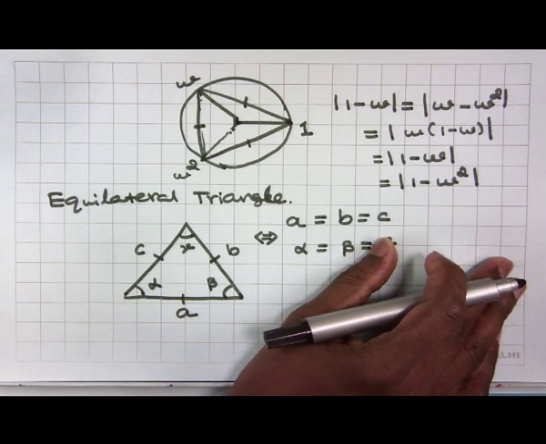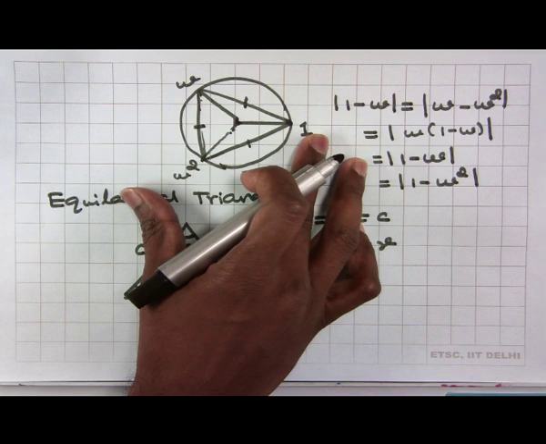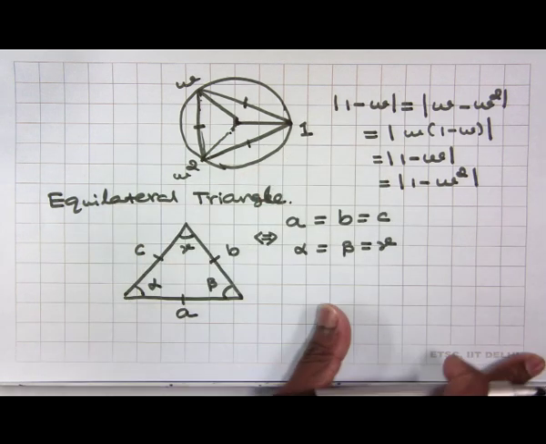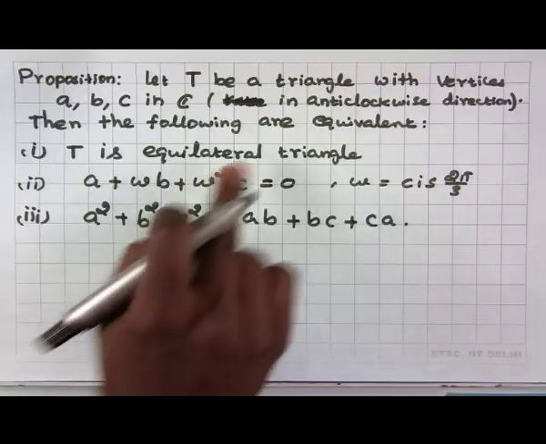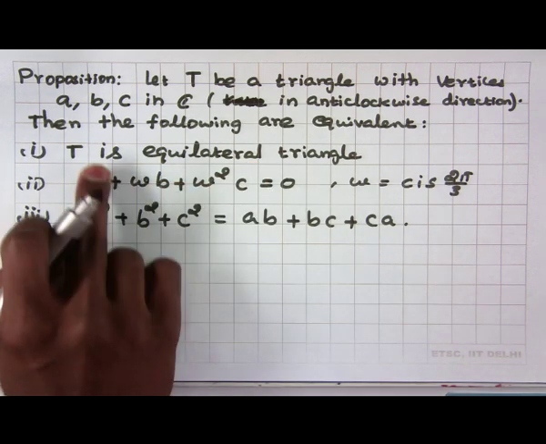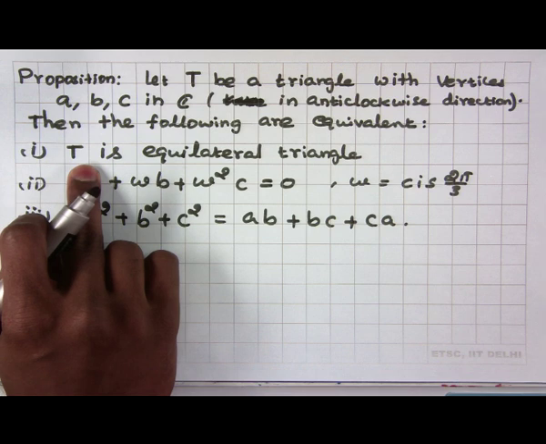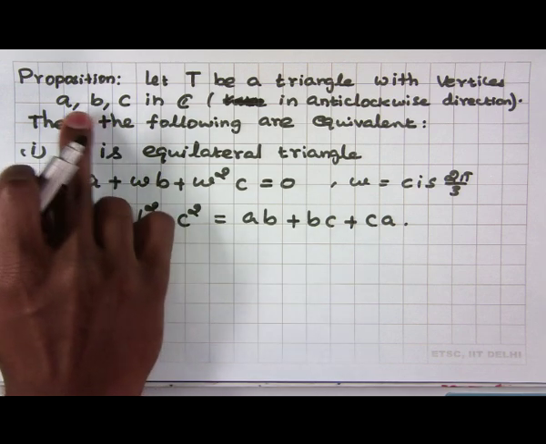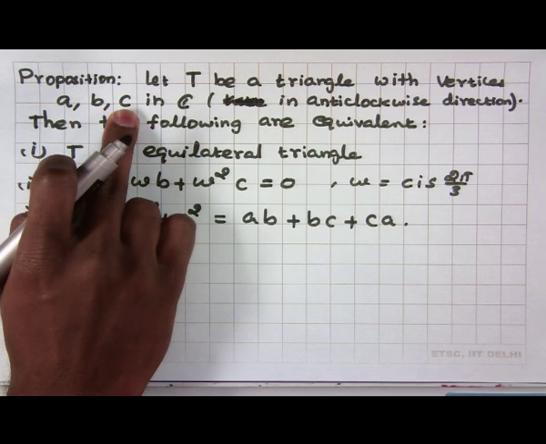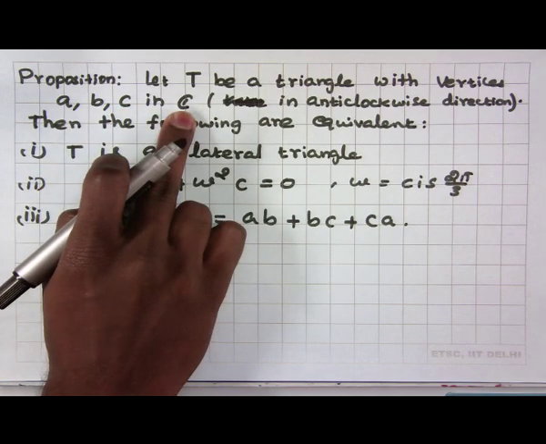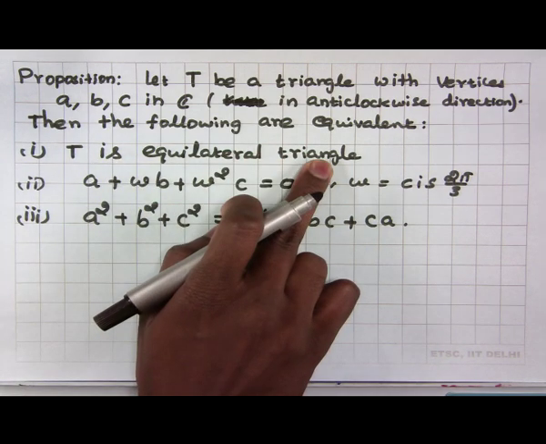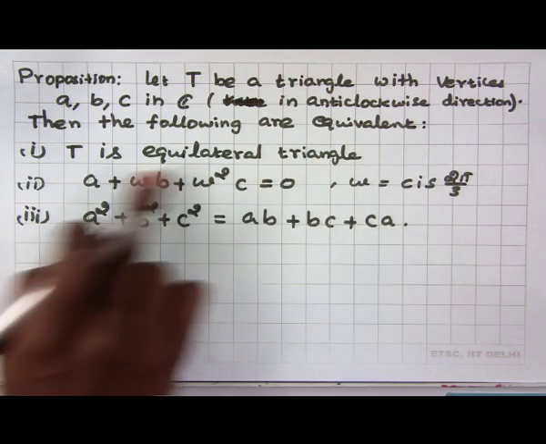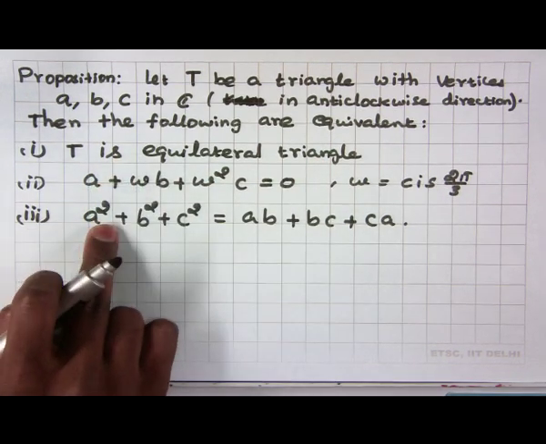Now, using this property of cube root of unity, we will prove some characterization of equilateral triangle. We prove the following: a triangle T with vertices denoted by A, B, C, where A, B, C are complex numbers, is an equilateral triangle if it satisfies any one of the conditions.